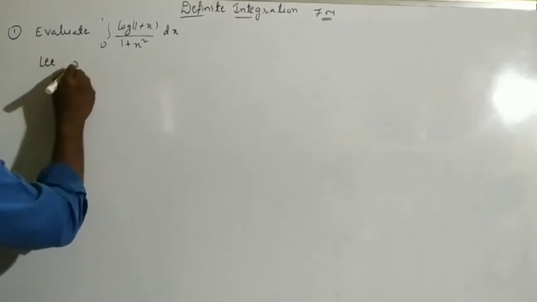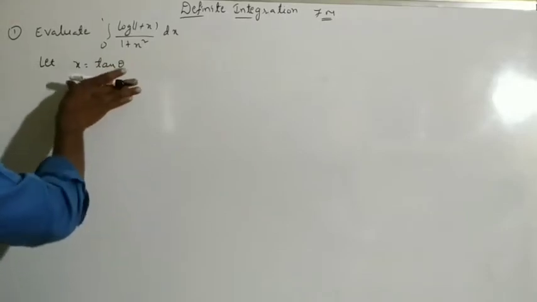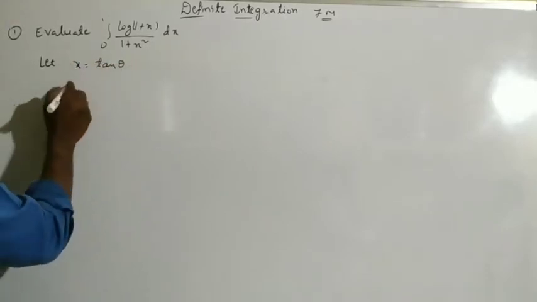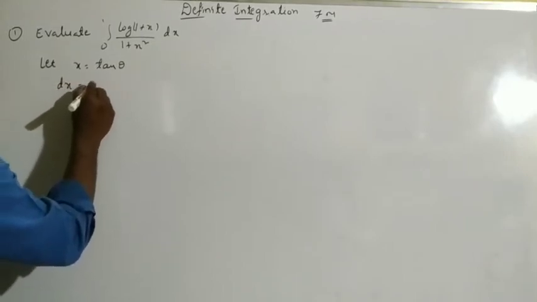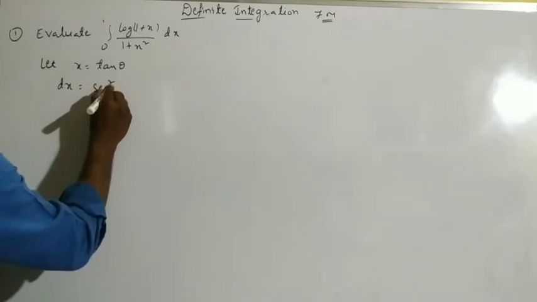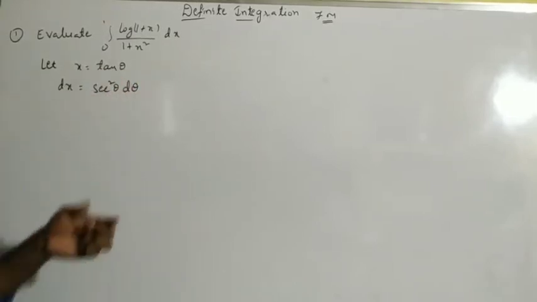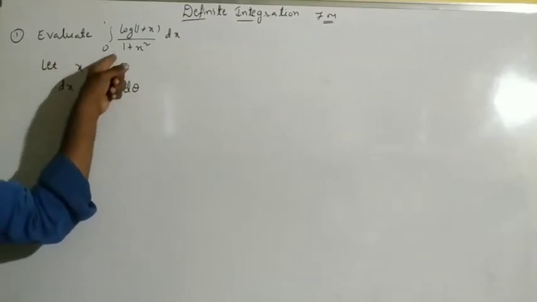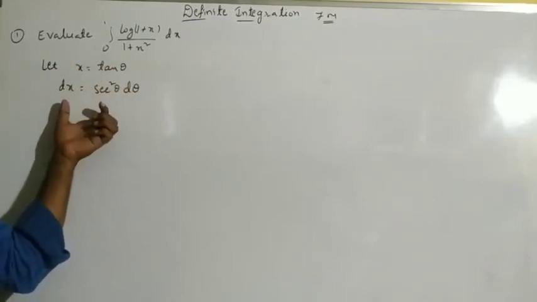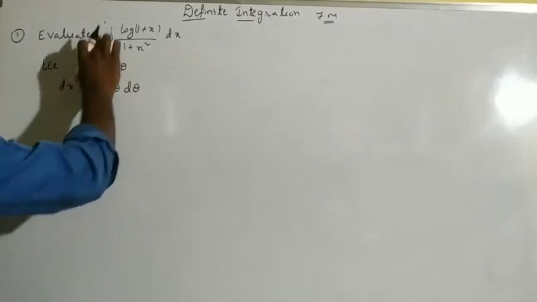Let x equal tan theta. When I take the derivative on both sides, we get dx equals secant square theta d theta, since the derivative of tan theta is secant square theta.